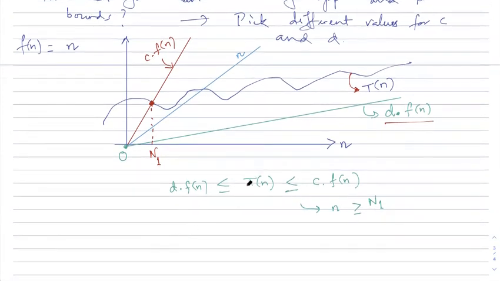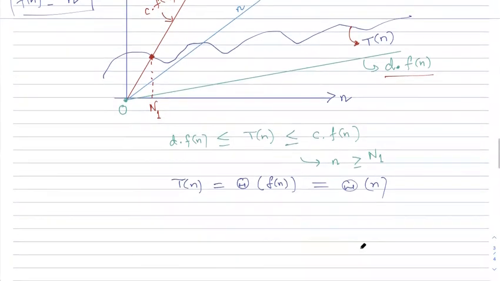Therefore, we can conclude that t of n is big theta of f of n. And what is f of n that we have chosen here? f of n is chosen to be n. So we can say this is big theta of n. So you can see this t of n can be really arbitrary, but we are able to map it to some well-known f of n, which we can reason about for the behavior of an algorithm.